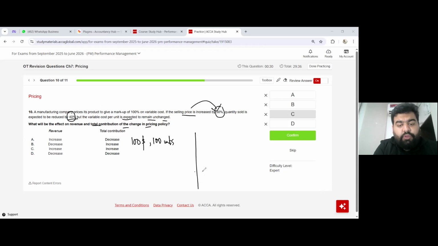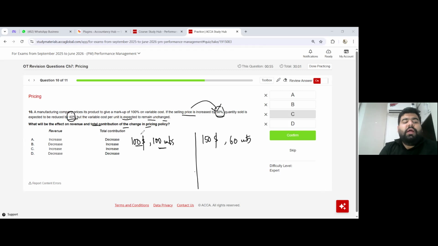This is the current scenario. When you increase the selling price by 50%, it goes from 100 to 150. Your demand decreases by 40%, so it will come to 60 units.